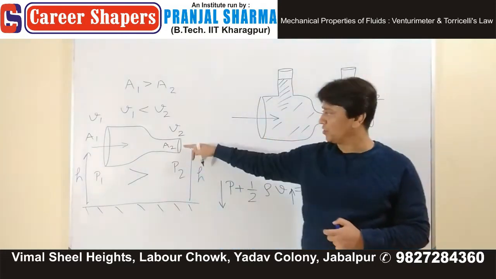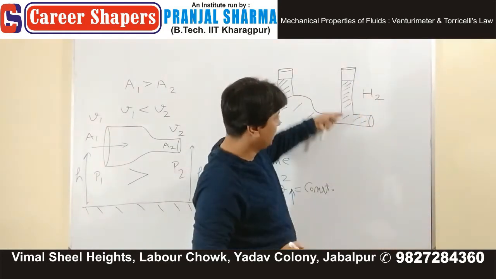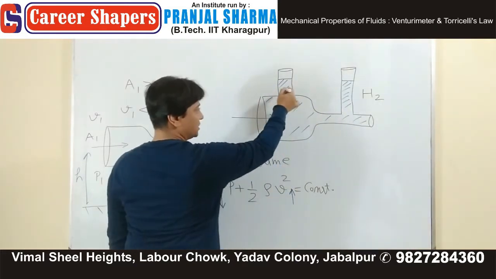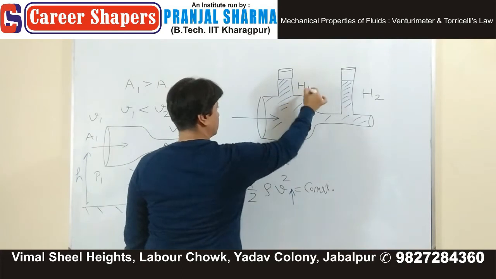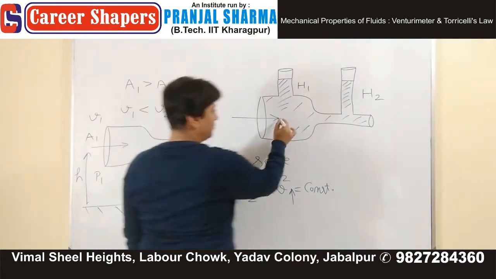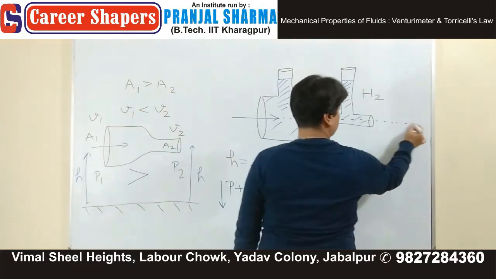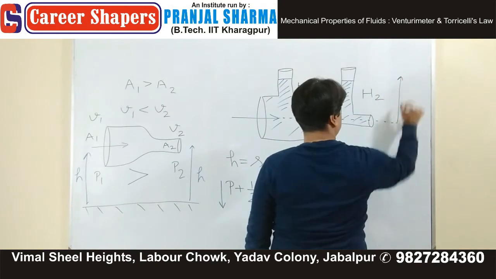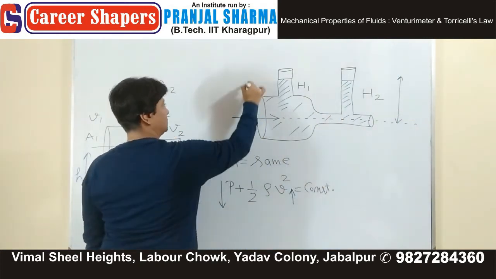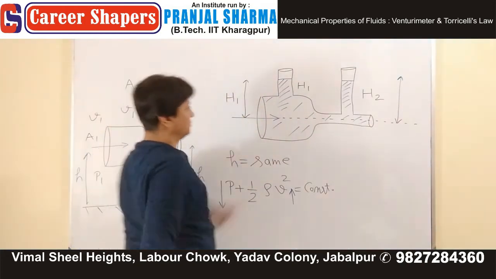Small h was height of the cross section and capital H is height of the liquid column in this vertical tube. And height in this is H1. H1 and H2 are from the axis of the pipe. This one is H2. This much is your H1.